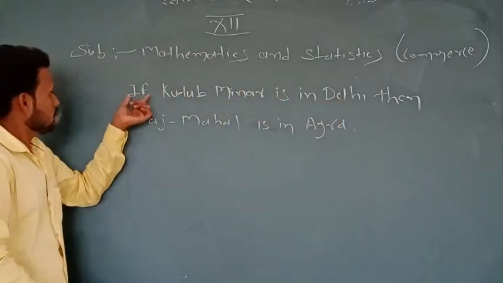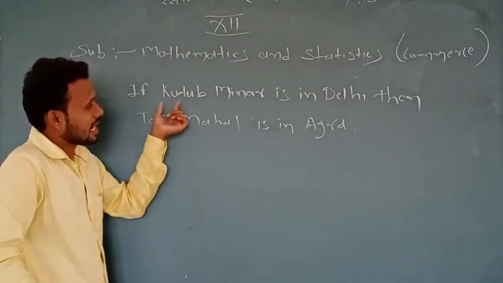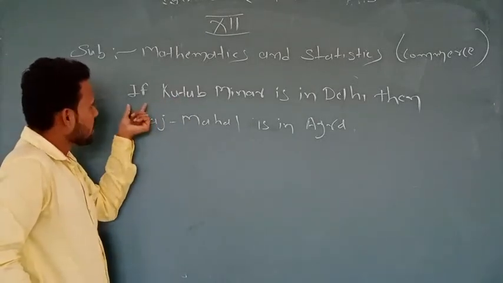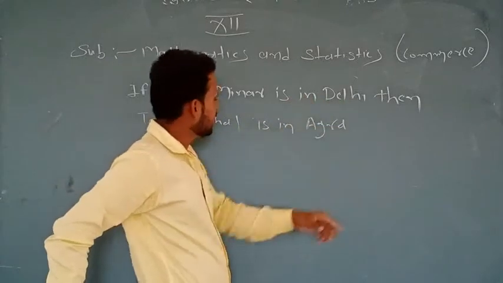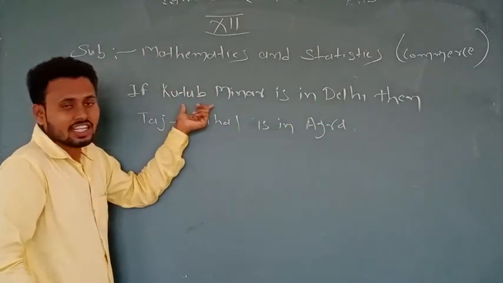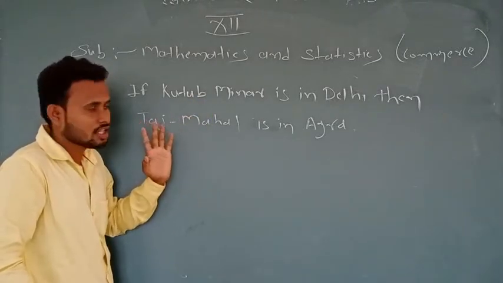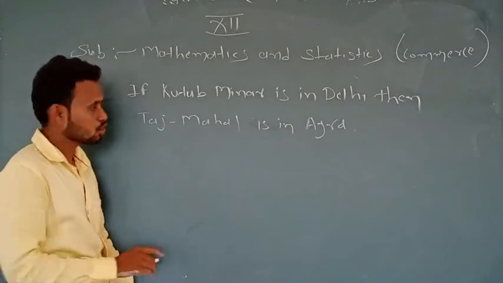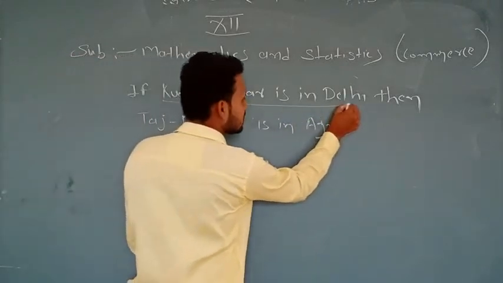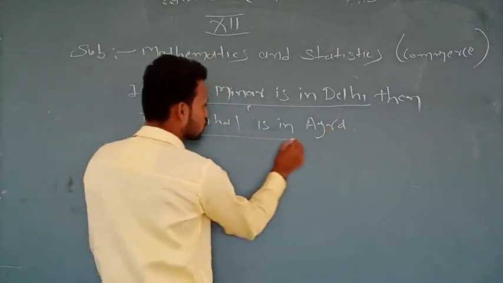Okay. Write the negation of the following statement. The statement is: if Qutub Minar is in Delhi, then Taj Mahal is in Agra. It means it is a conditional statement of two simple statements. There are two simple statements: this one we suppose is the P statement, and the other one we call the Q statement.